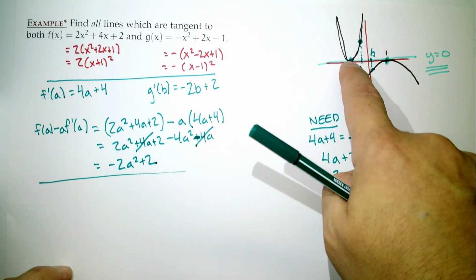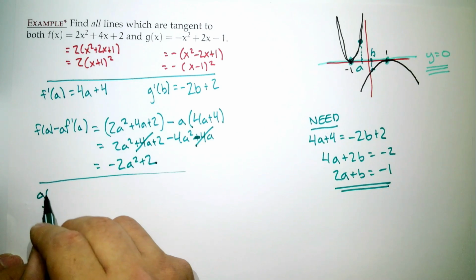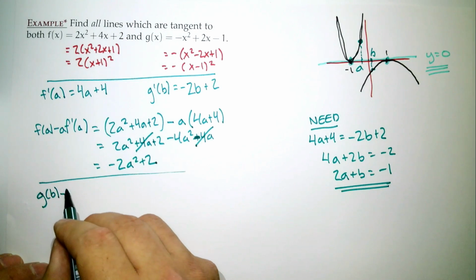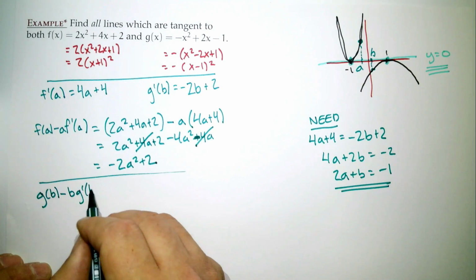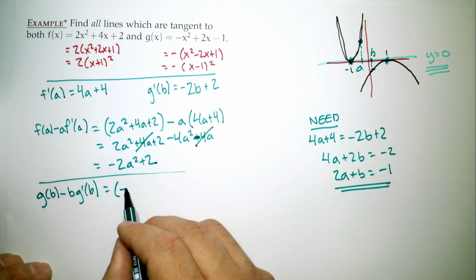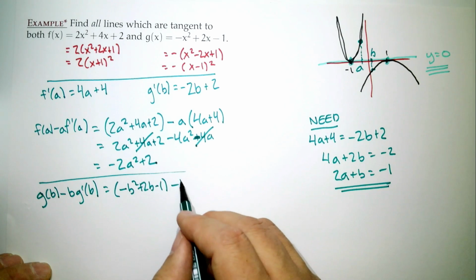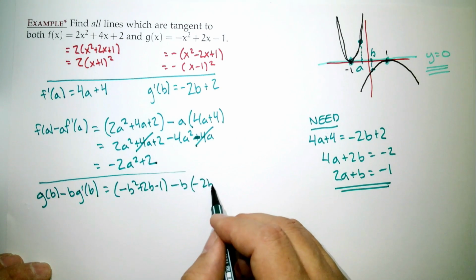That's the y-intercept for the tangent line here at a. Well, that's got to equal the y-intercept for the other tangent line at b. So we're going to run through it. Do the same thing. g of b, minus b squared plus 2b minus 1, minus b times minus 2b plus 2.